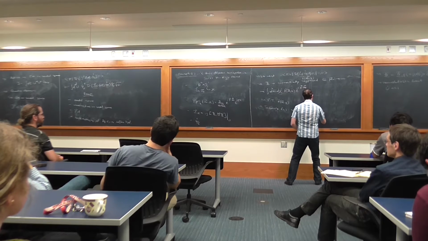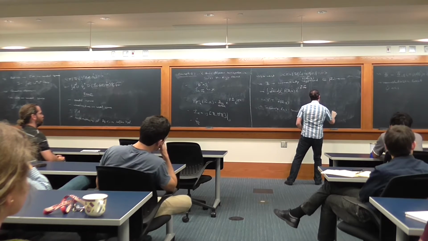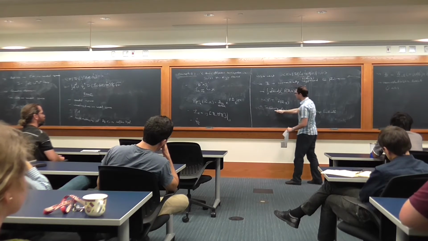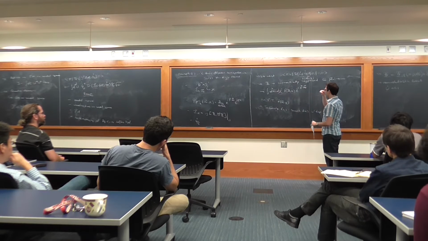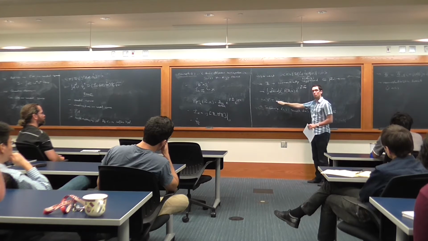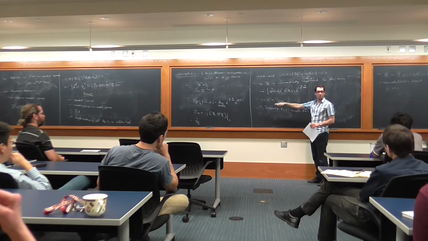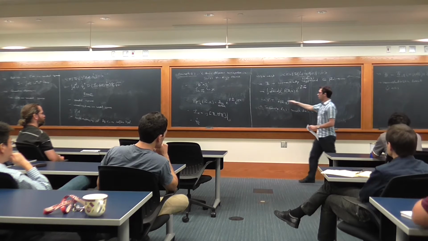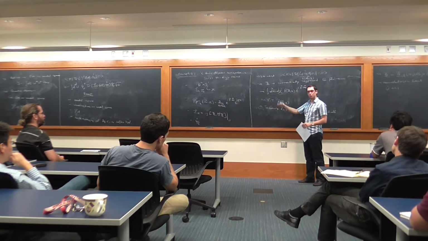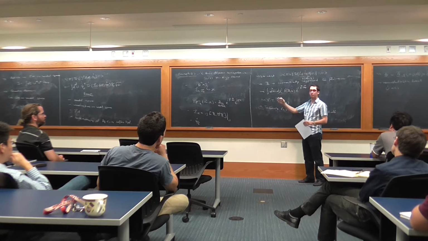The interesting thing about these Schwartz functions is that the Fourier transform is an automorphism of these functions. What this means in practice is that the Fourier transform of a Schwartz function is again a Schwartz function, which means that it's again exponentially suppressed. But it's not exponentially suppressed in this variable, it's exponentially suppressed in the dual variable.